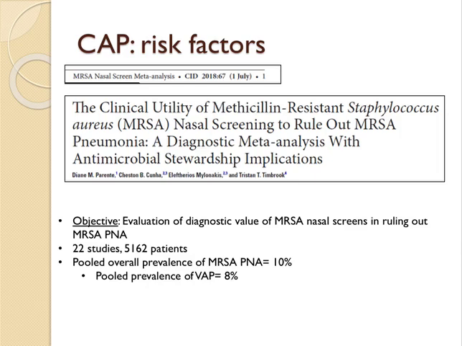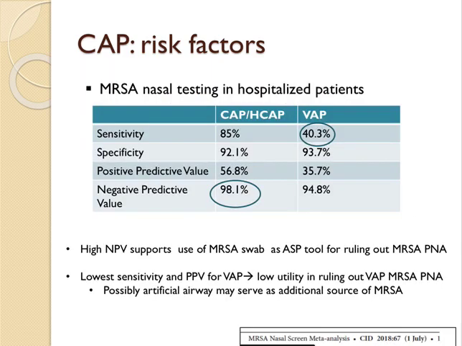Based on their numbers, the pooled overall prevalence of MRSA pneumonia was about 10%, and the pooled prevalence of ventilator-associated pneumonia was 8%. So there are two numbers that I want you guys to be aware of.